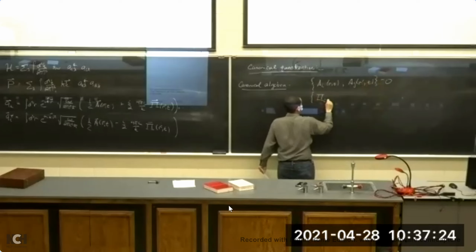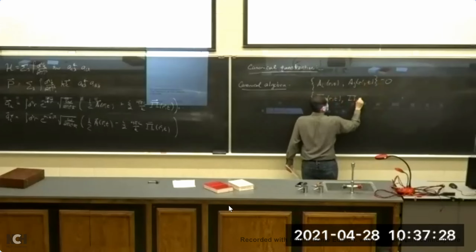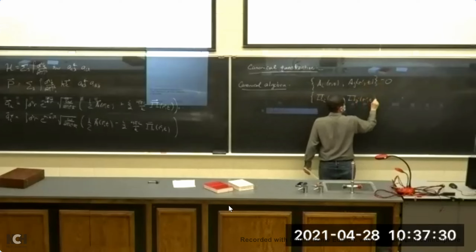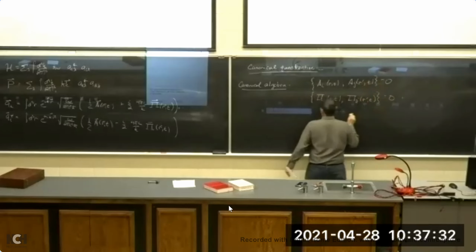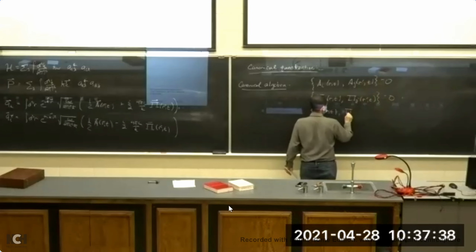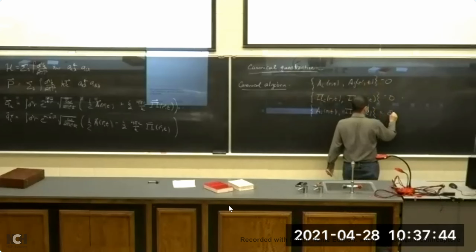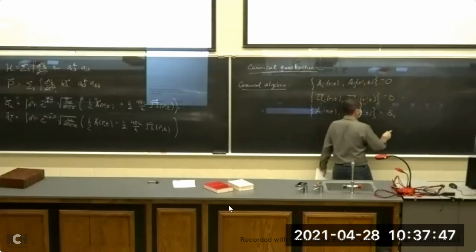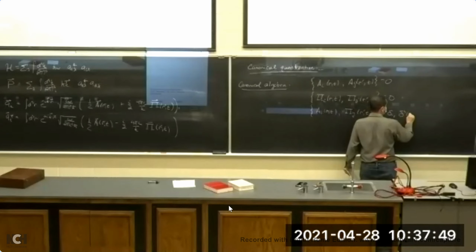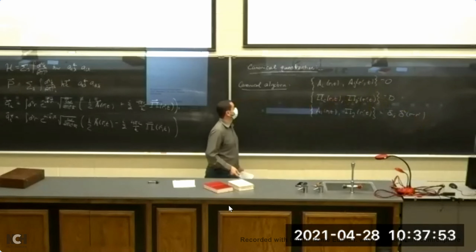Likewise, pi with pi is always 0. The only one that's non-zero is the coordinate with its own correctly paired momentum. So the bracket of A_i with pi_j of r and r prime at equal time was delta_ij, so you've got to be talking about the same component, times the three-dimensional delta function of r minus r prime. So you've got to be talking about the field at the same point.